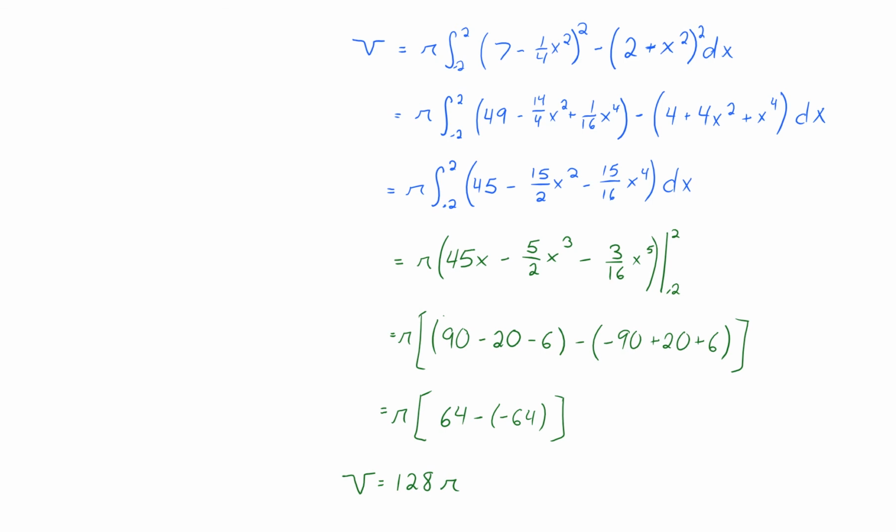For that integral, up top, we have the same integral just rewritten again. Going on to this step, I foiled both of them, and then going on to my third step, I combined like terms.